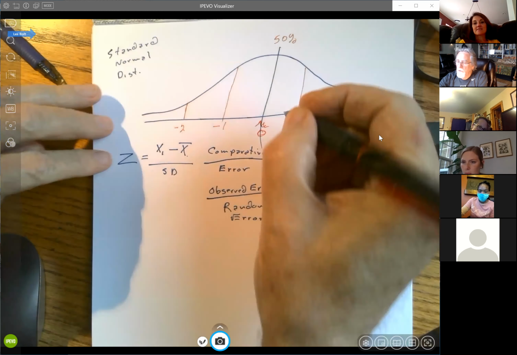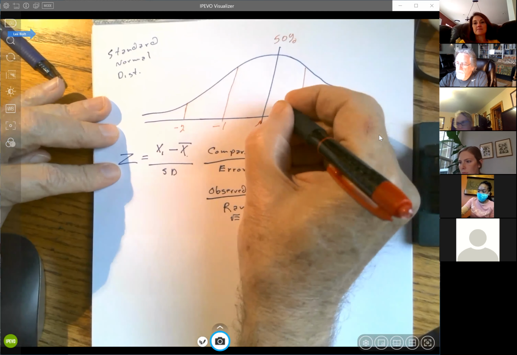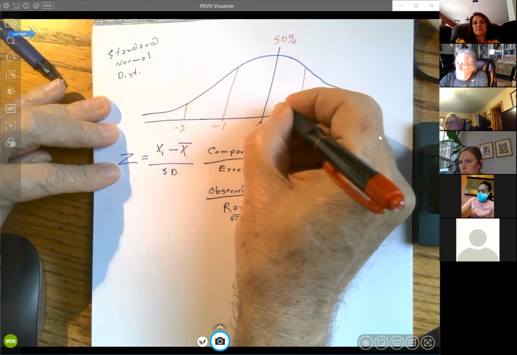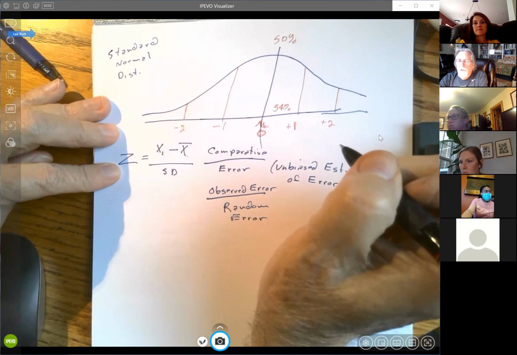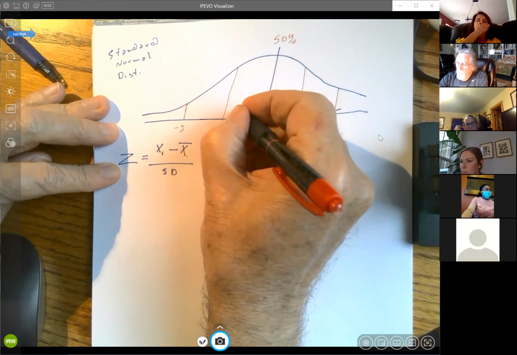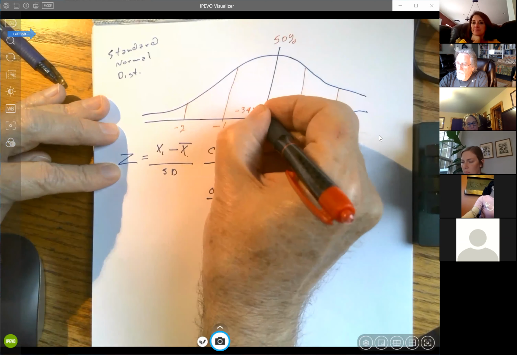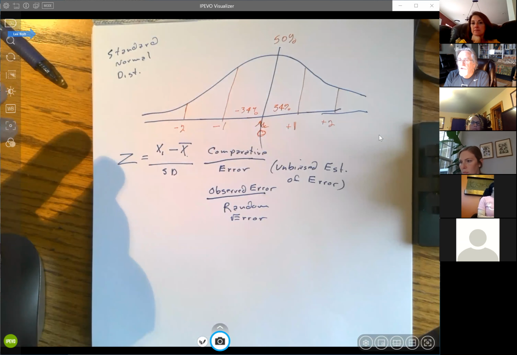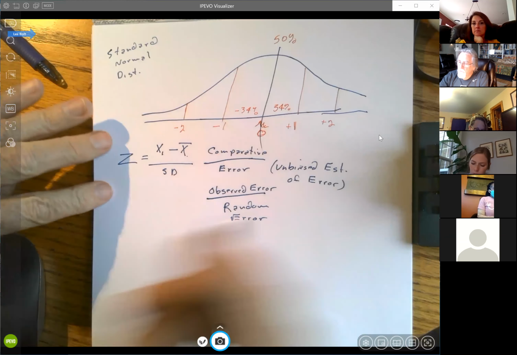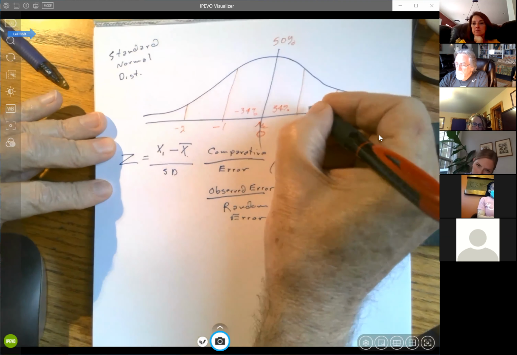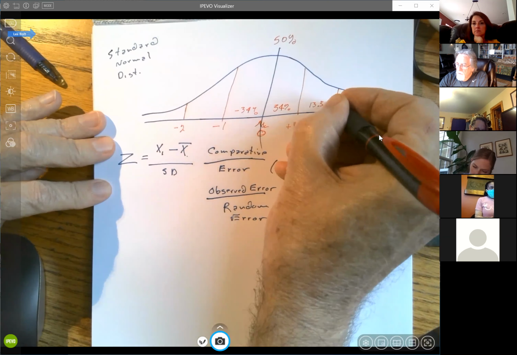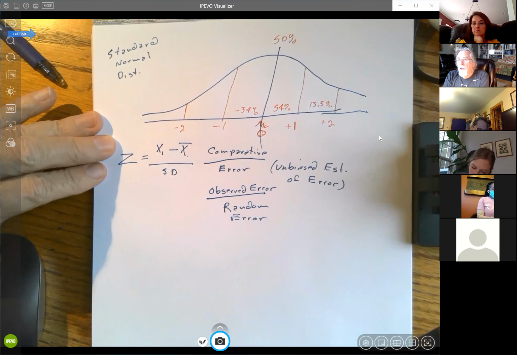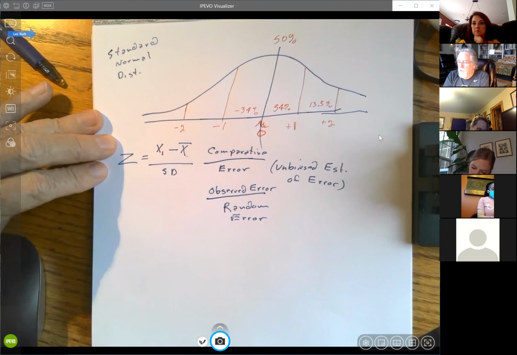And we always know that roughly 34% of the surface lies in the first standard deviation unit, and roughly 13.5% of the surface or space lies between the first and second standard deviation unit.